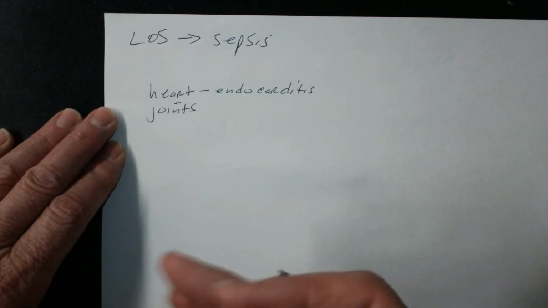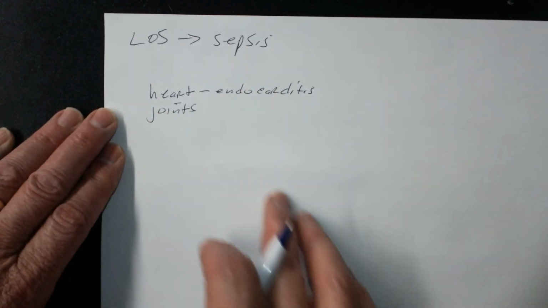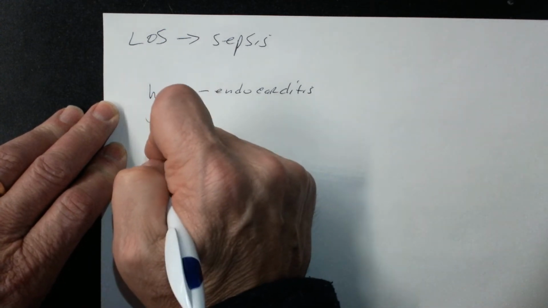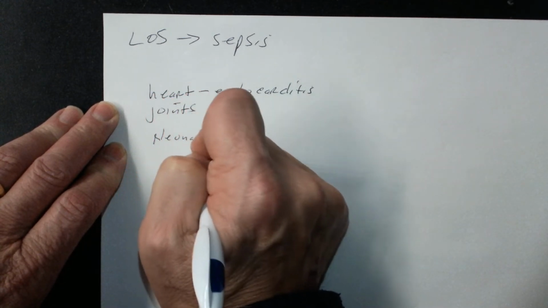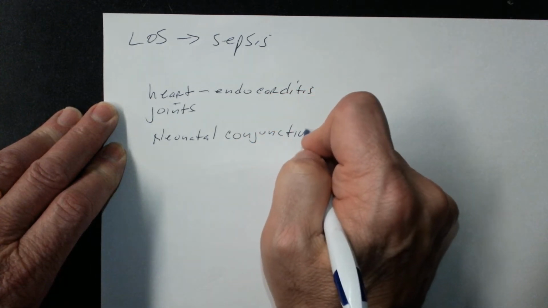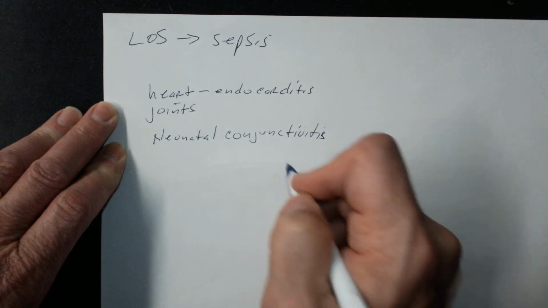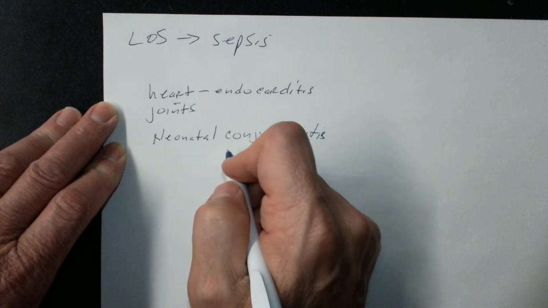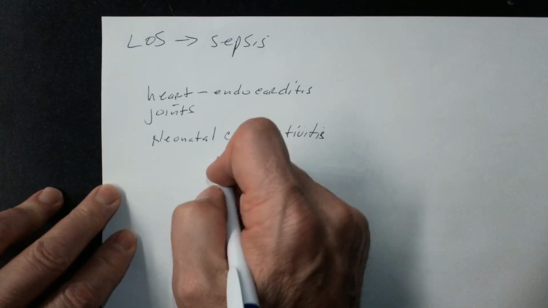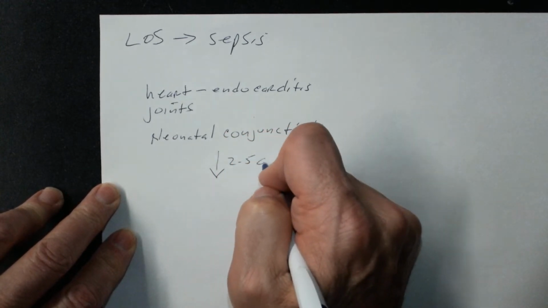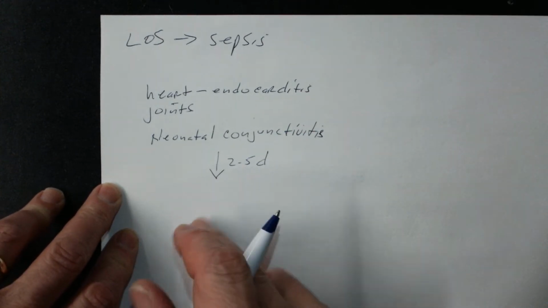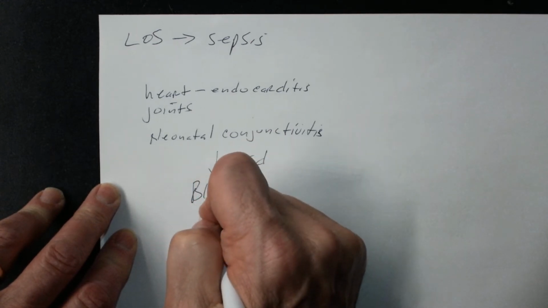And if a woman who has gonorrhea gives birth, of course, she can cause neonatal conjunctivitis. And that can lead to a conjunctivitis of the newborn 2 to 5 days after birth. And if not treated, that can lead to blindness in the baby.